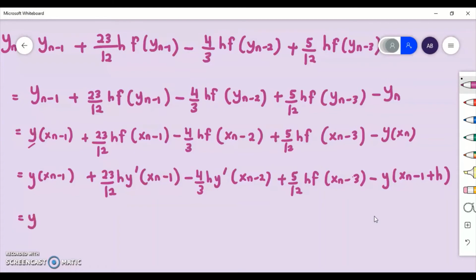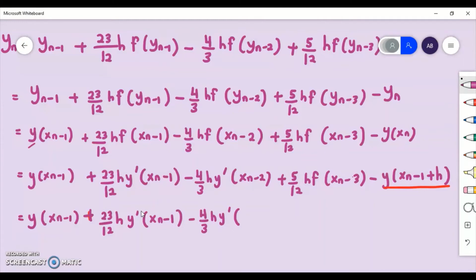Okay, so writing this in terms of y of x_{n-1}, I'm not expanding this, but I'm expanding this instead, plus 23 over 12 h y prime. Okay, x_{n-1}, I can write as x_n minus h. I'm going to remain this as y(x_{n-1}), and then minus 4 over 3 h y prime.